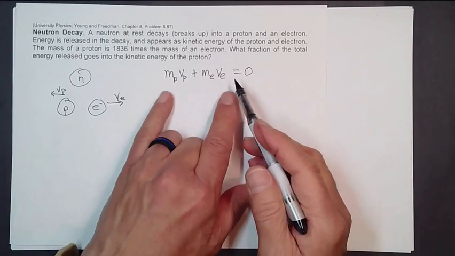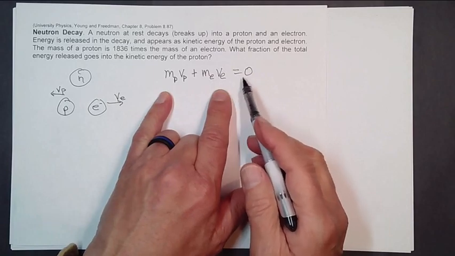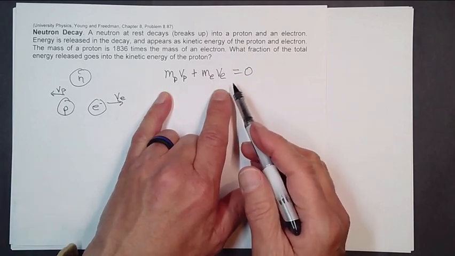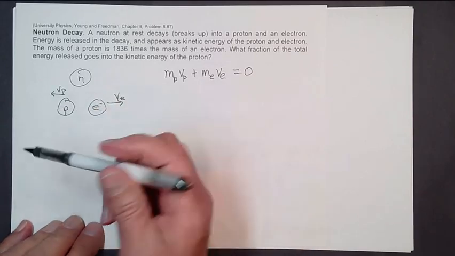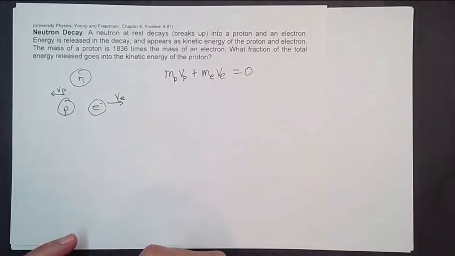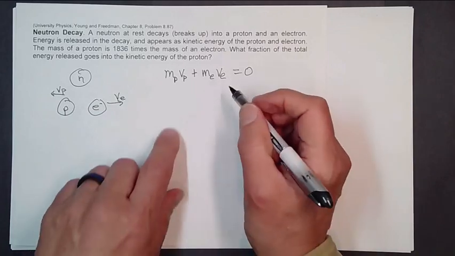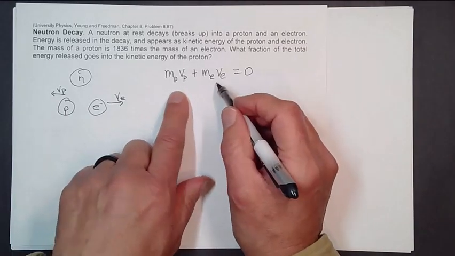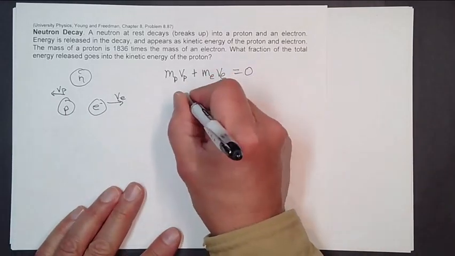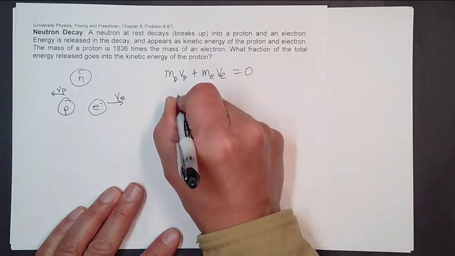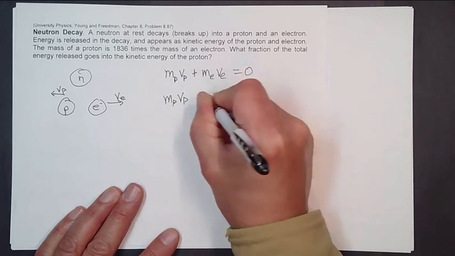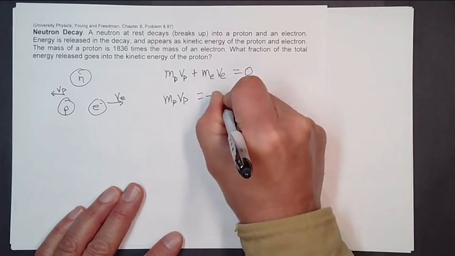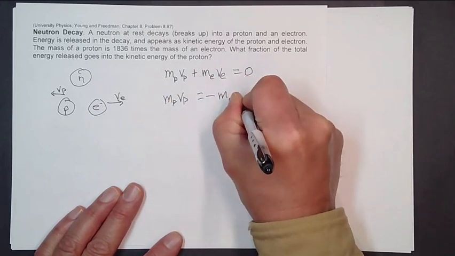Now, if you've got two things adding together to be 0, they must be of opposite sign, and that's because the proton recoils in one direction and the electron recoils in the other. And we can figure out what the velocity of the proton is compared to that of the electron. m sub p v sub p is going to be equal to minus m sub e v sub e.